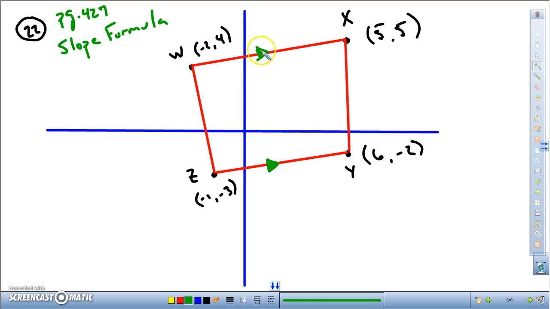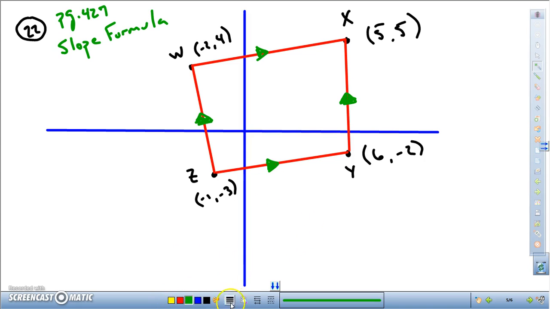Then I'm going to do the same thing with the slope of WZ and XY. If I find these slopes and they're not the same, that means my opposite sides are not parallel, which means it's not a parallelogram, which means it's not a rectangle. So I'm starting at this point, finding all of these slopes.